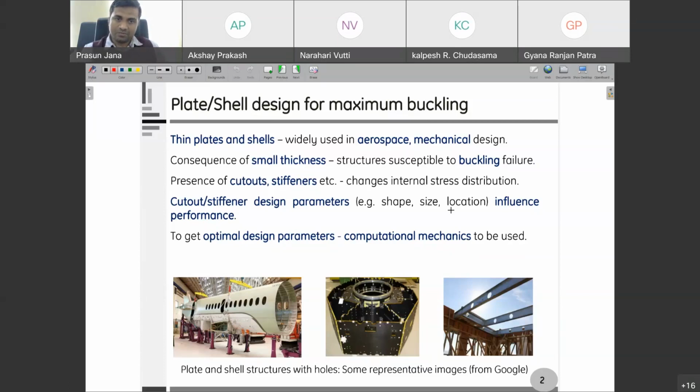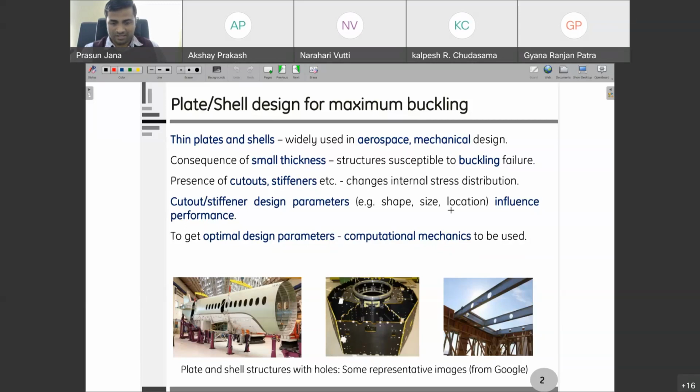So you have to choose proper locations. We also use stiffeners to give different strength in different transverse deflection. They give stiffness to bending.